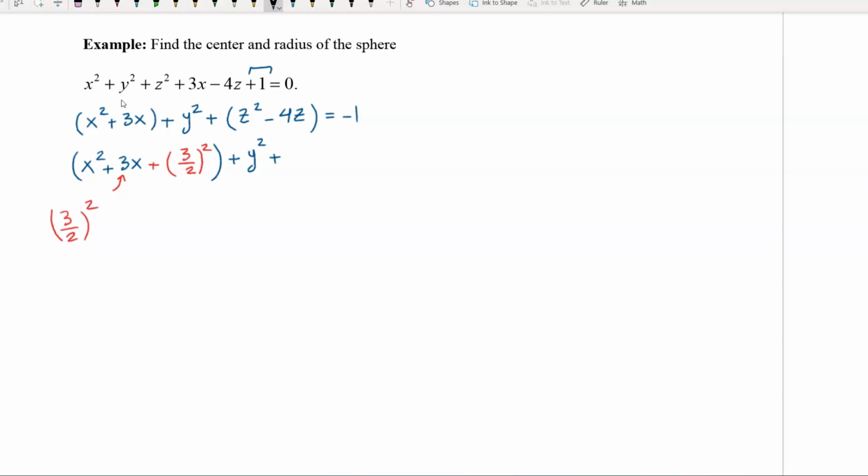And for z terms, complete square, it is z squared minus 4z. And then for constant, here we have, this part is -4. So use that number. -4 divided by 2 squared.